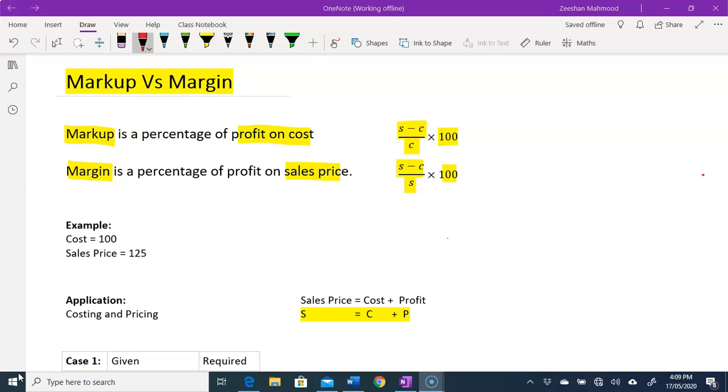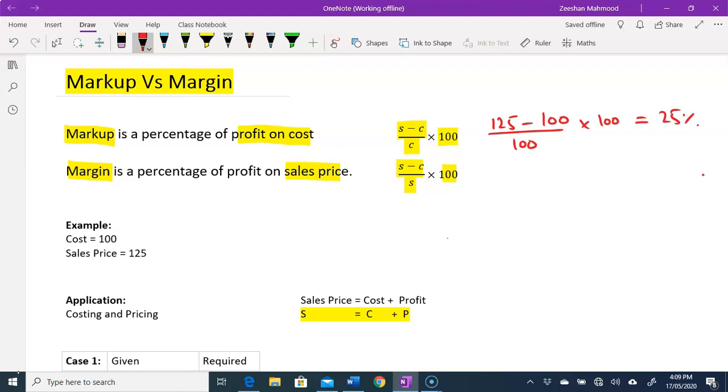So if I calculate the markup, then I will take the selling price, which is $125, subtract the cost, divide it by cost, and multiply by 100. What I will get is 25%, and that is the percentage of markup because I'm explaining the profit in relation to the cost.